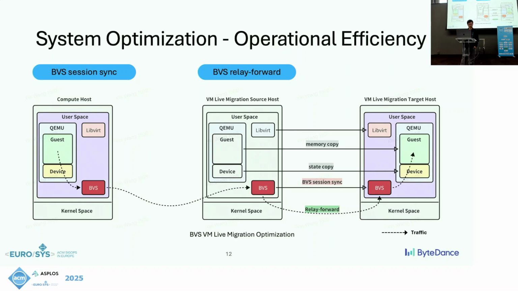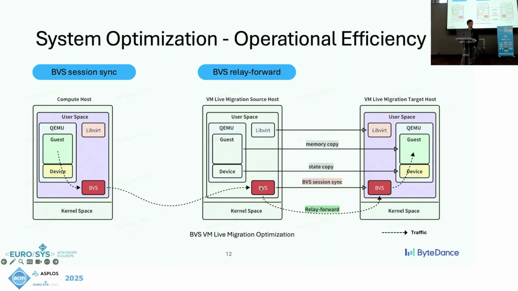The other optimization we have done is this: remember the VM location is periodically updated, right? If some other compute server has not updated its VM location yet, it may still send traffic to the previous source host, right? So with that, we introduce a relay forward.